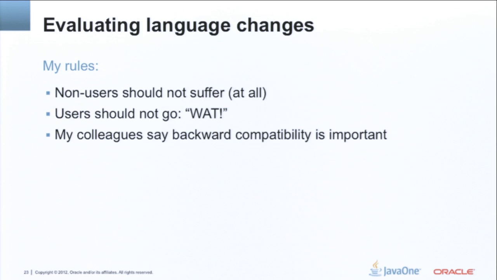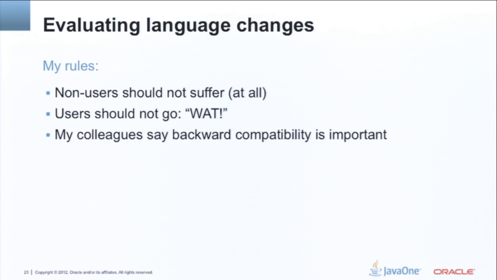And so this leads to my rules for evaluating language changes. There are a lot of proposed features to Java. We are not going to do all of them, but we have to have some sort of criteria. How do we choose? Personally, these are my rules for evaluating how I feel about a language change.